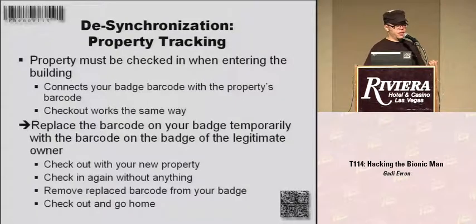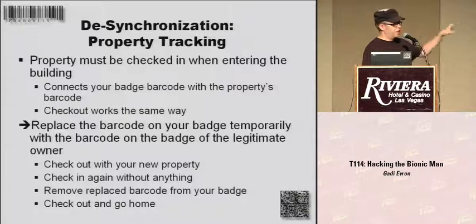So, desynchronization can be used for property tracking. Now, let us assume you work as a contractor at this company, and your fellow co-contractor working next to you has this nice laptop. So, let's assume you have a Mac and you're finally understanding that they're crap, and you want his IBM. This is what you do.